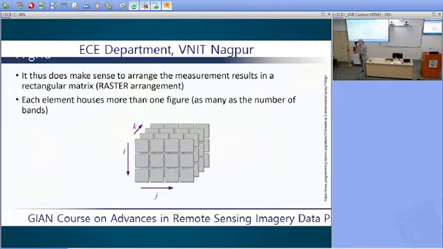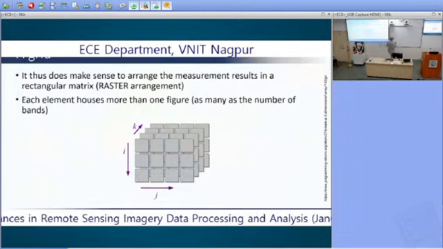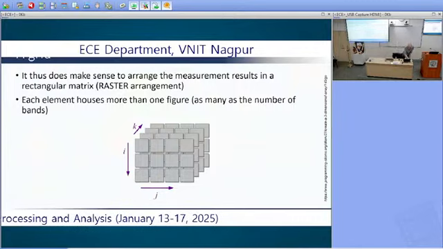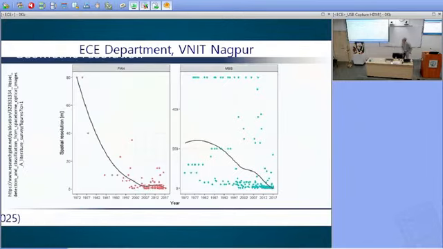So the general guideline here is you should be matching the spatial scale of the problem with the spatial scale of the information that you are collecting. And that also applies to spectral resolution.